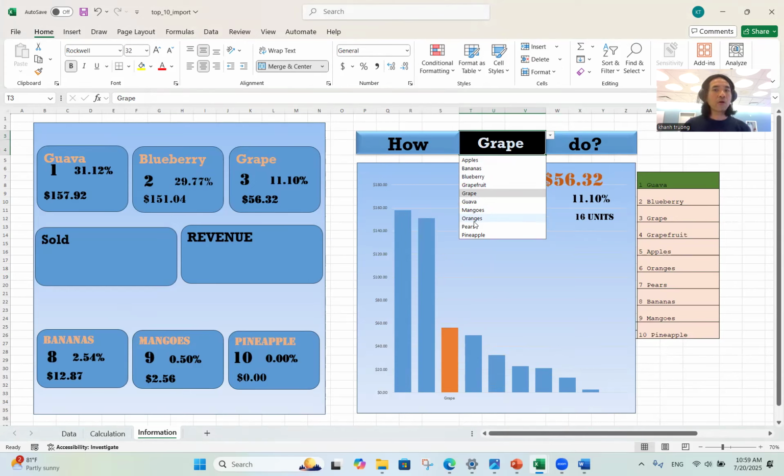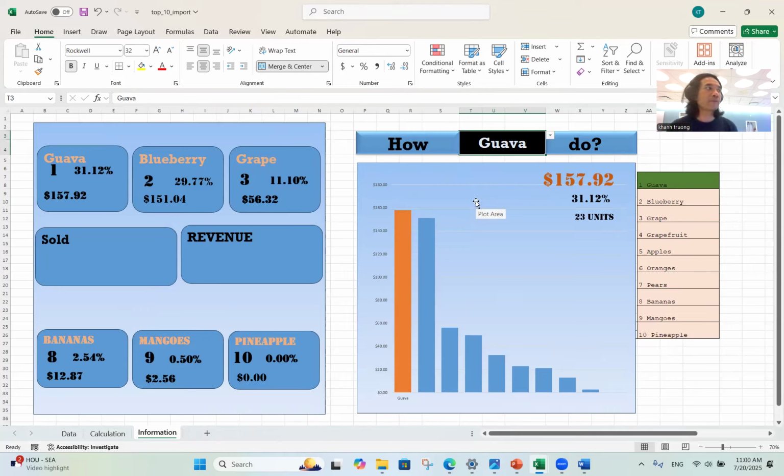How are oranges doing? Well, it's actually ranked number 4. And what is the number 1 imported fruit? Let's take a look at it. Oh, that's clever, right? So in order for them to generate this kind of report, they have to rely on data from the underlying data structure, which is a database, okay?